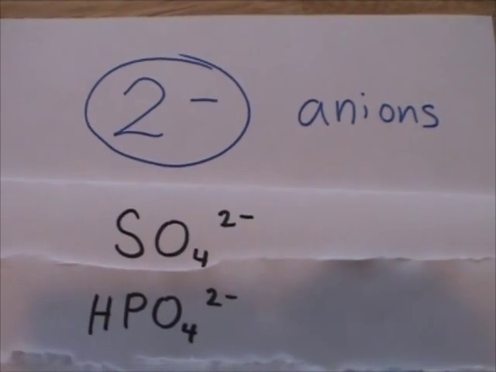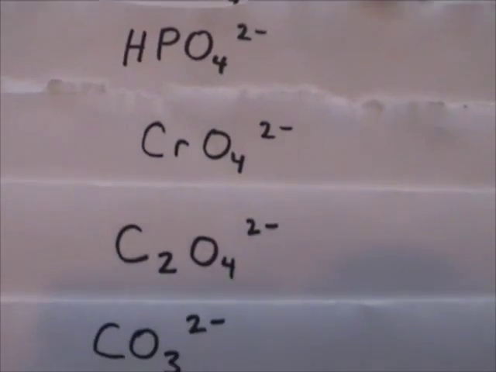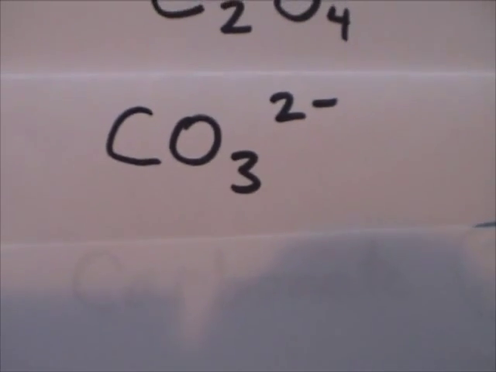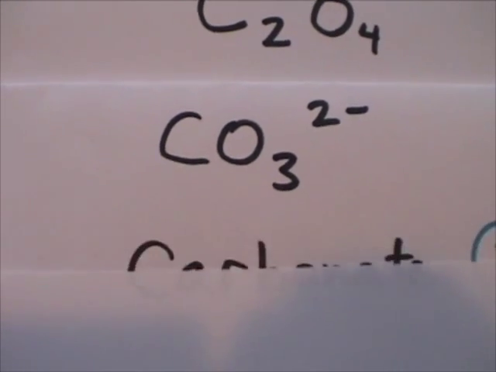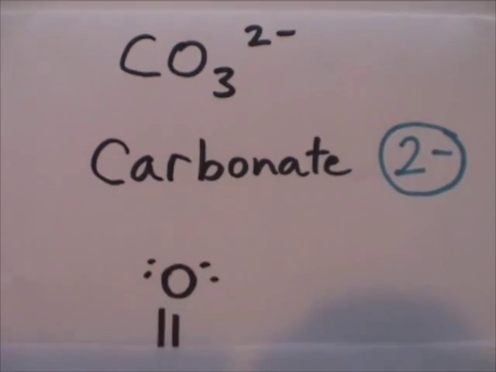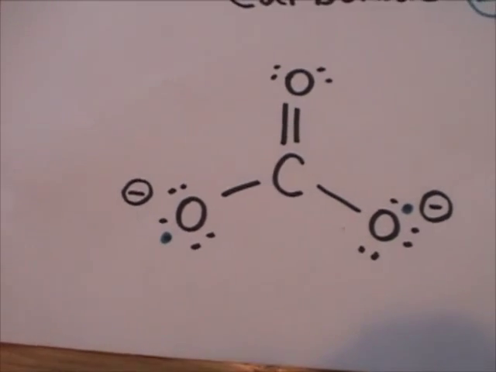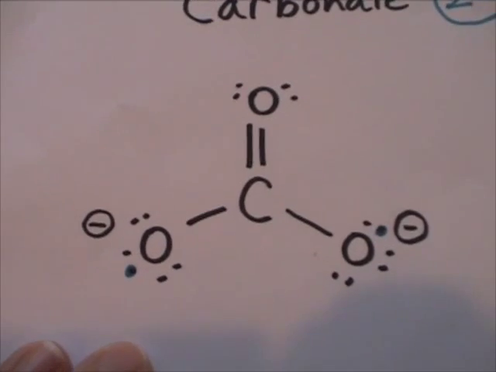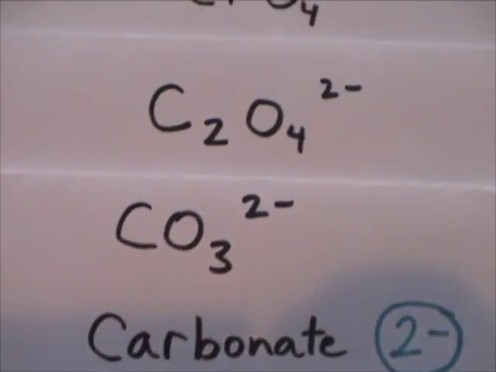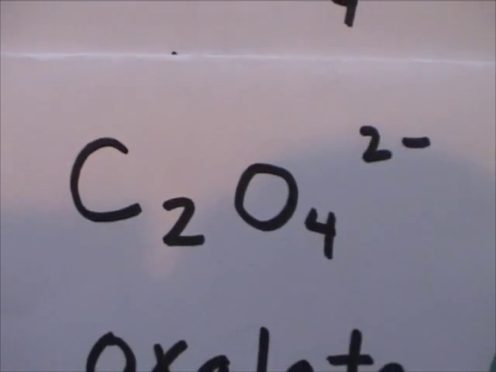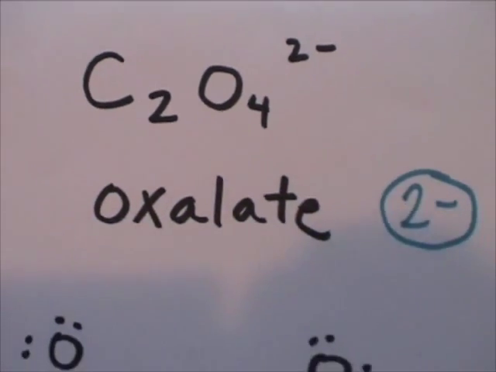Let's go through some polyatomic anions that have a -2 charge. So -2 charge. CO3 2-. Carbonate has a -2 charge, and here's the structure for carbonate. CO3 2-. Let's look at C2O4 2-, which is oxalate.